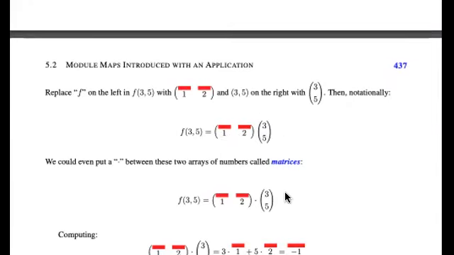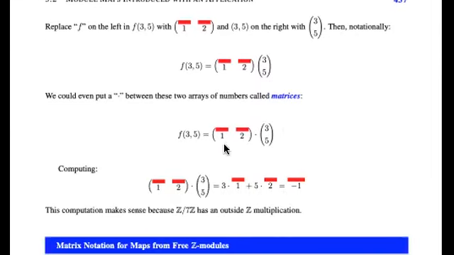So what's the output? Well, we just use the Z module magic. Think of this 3 as simply being like 3 E1, and this 5 is being like 5 E2. So this E1 is going to turn into this 1 bar. It's like you're adding these two guys to get the pair (3, 5).